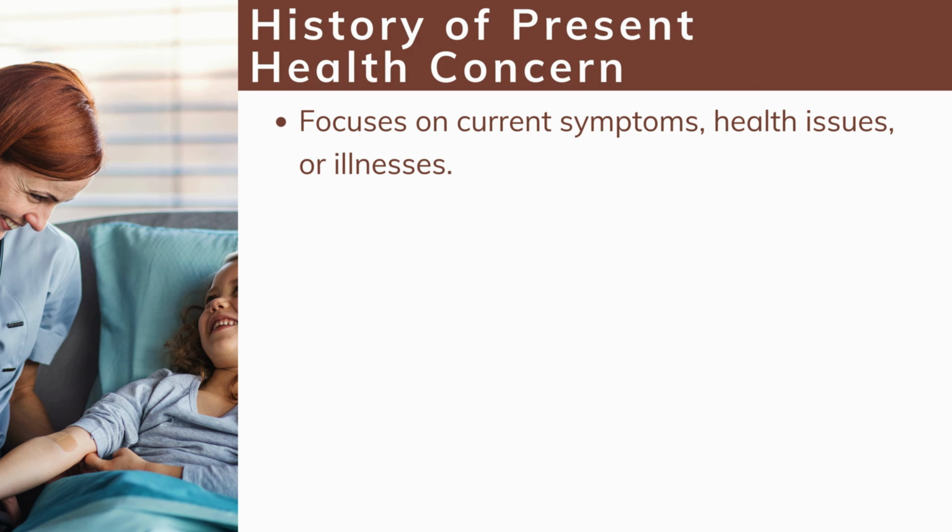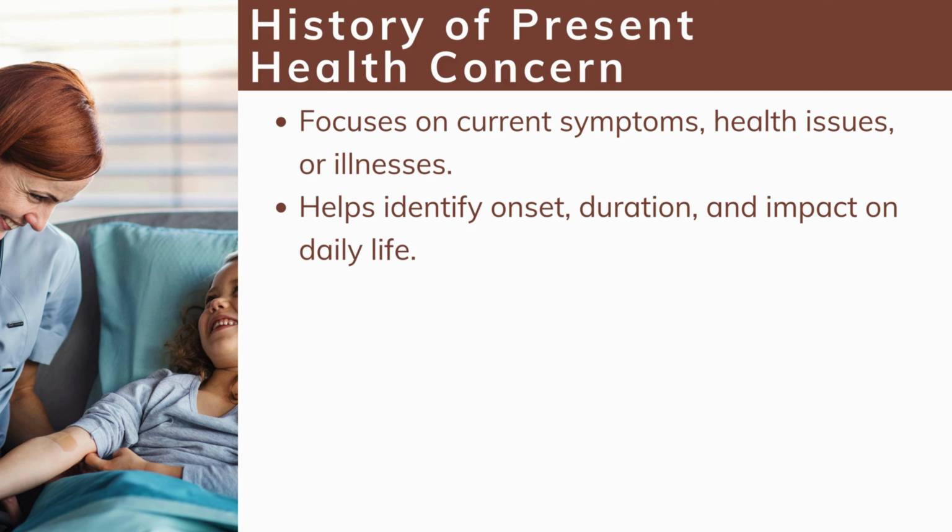The history of present health concern focuses on the patient's current symptoms, illnesses, or psychological distress. Understanding their perception of their health helps determine the cognitive and emotional response to illness.